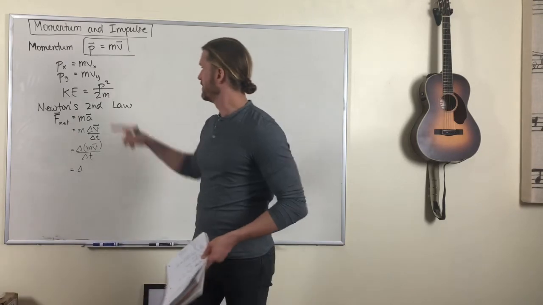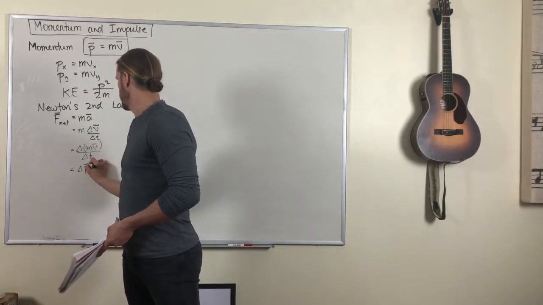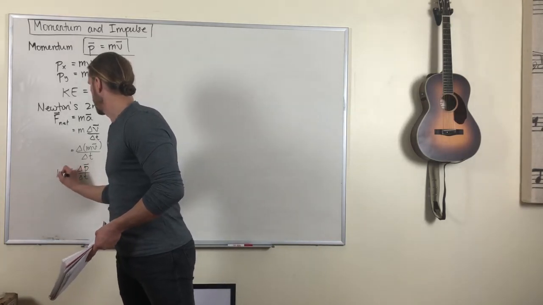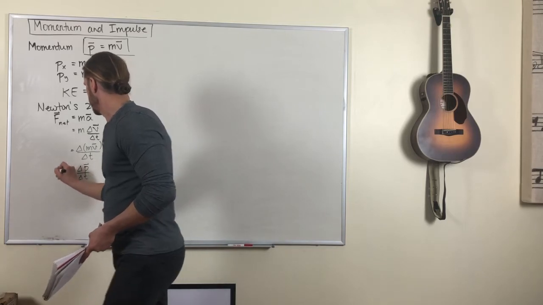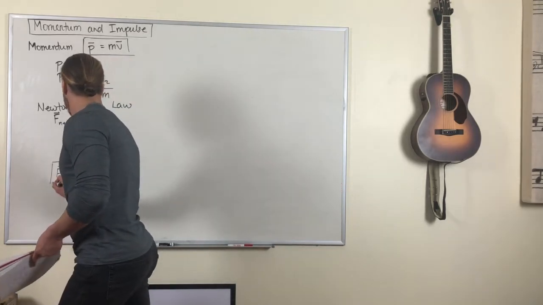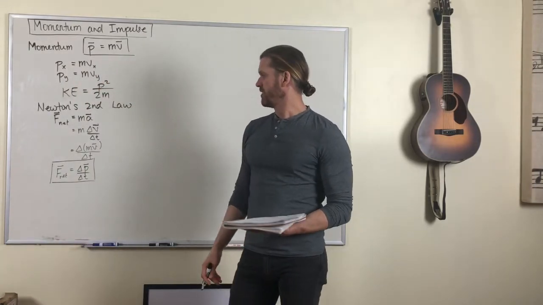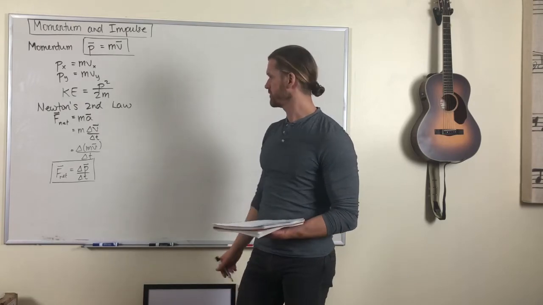So now we've learned this definition, momentum, and this equation becomes change in momentum over change in time. And that's another way of expressing Newton's second law. It's totally equivalent.